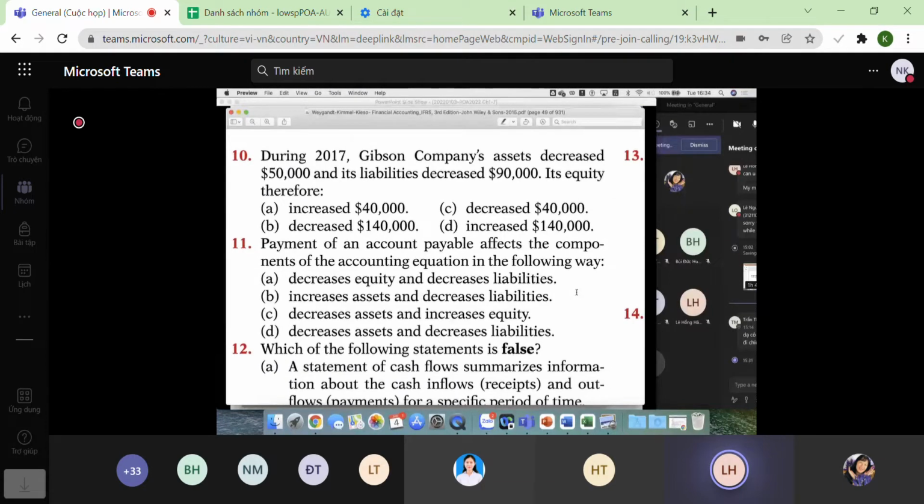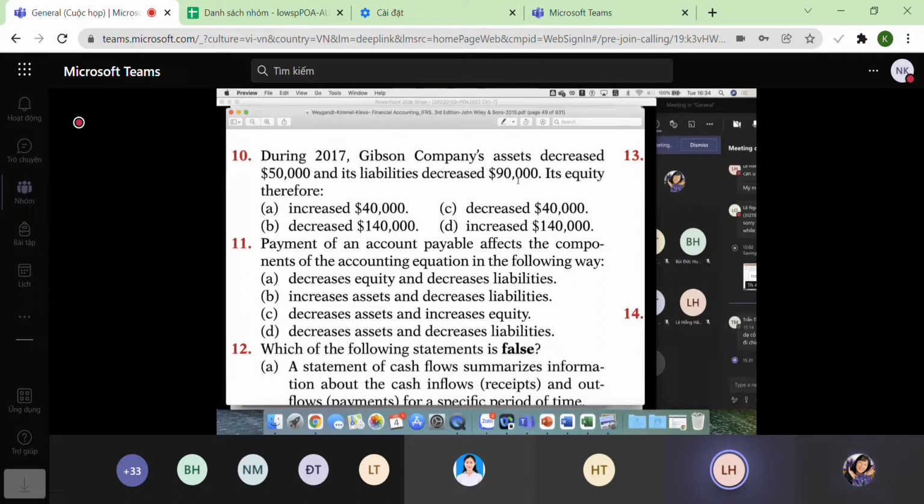A little bit more difficult than question number 7. ABC's assets decreased by 50,000 and its liability decreased by 90,000. Therefore, does equity decrease or increase? Increase, right?